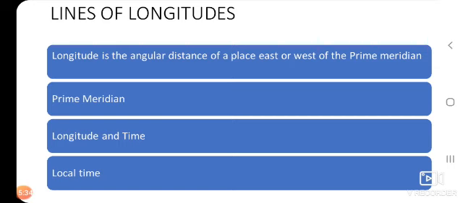The earth makes a complete rotation on its axis. Children, as we all know, the earth rotates on its axis and covers 360 degrees of longitude in 24 hours. So 1 degree of longitude is equal to 4 minutes.